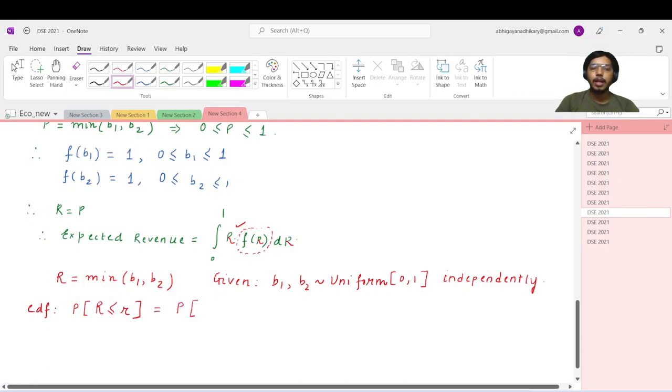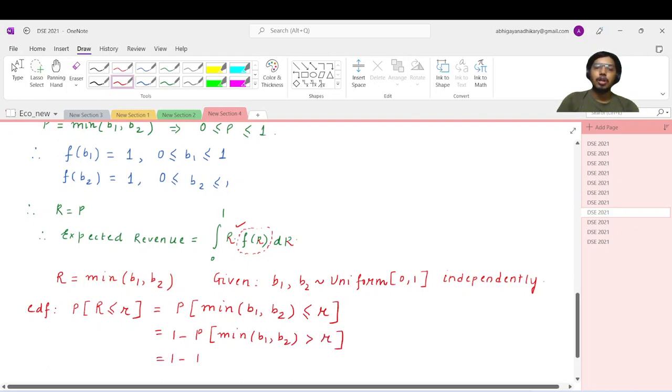So how do we find that? R is minimum of B1 comma B2 less than or equal to r. So this is 1 minus the probability that minimum of B1 comma B2 is greater than r. Minimum of B1 comma B2 greater than r means that B1 is greater than r and B2 is greater than r.